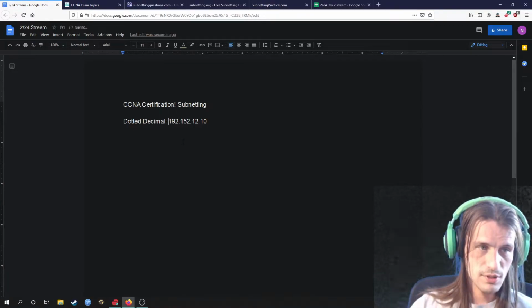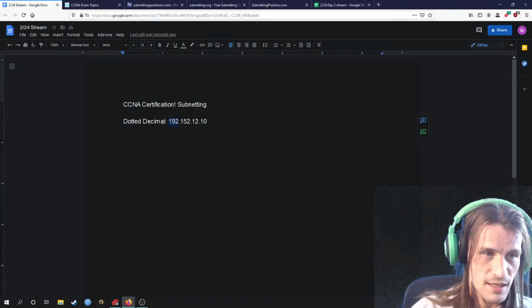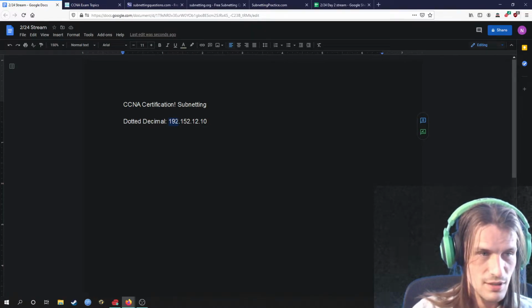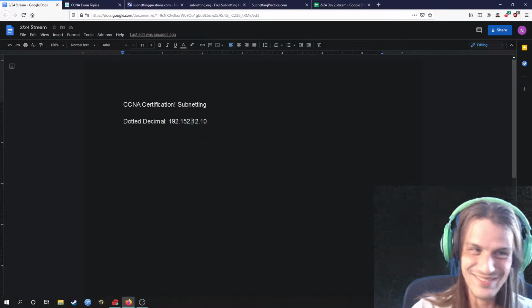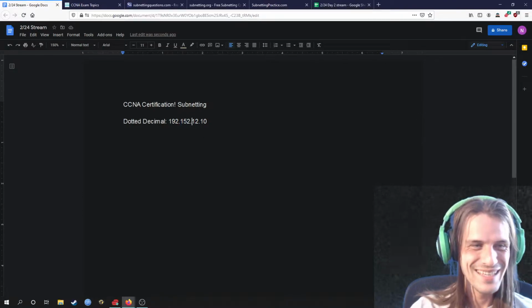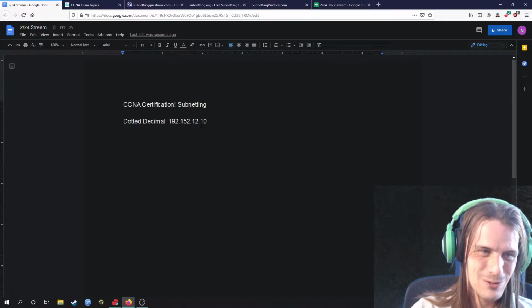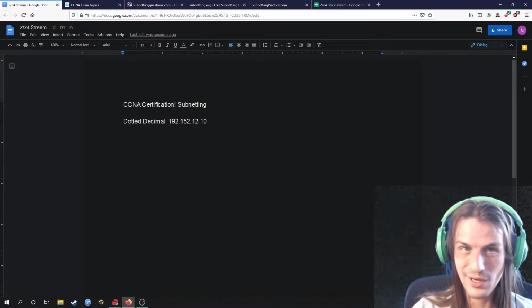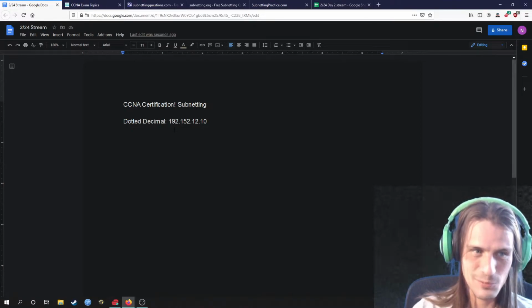That means a decimal, which is a number, then a dot, then a decimal, then a dot, then a decimal, then a dot, then a decimal. That's literally what it means. So it's going to be 4 numbers and 3 dots, or periods. You can call them periods or dots. It goes back and forth, but it is the dotted decimal form.